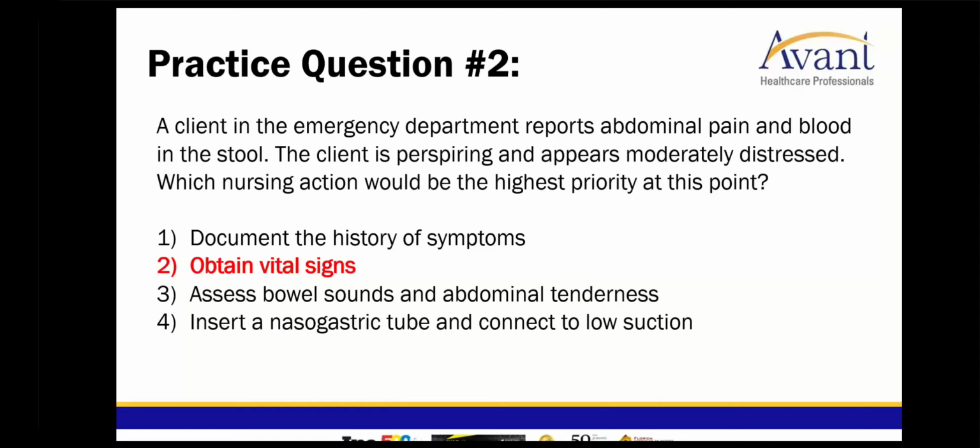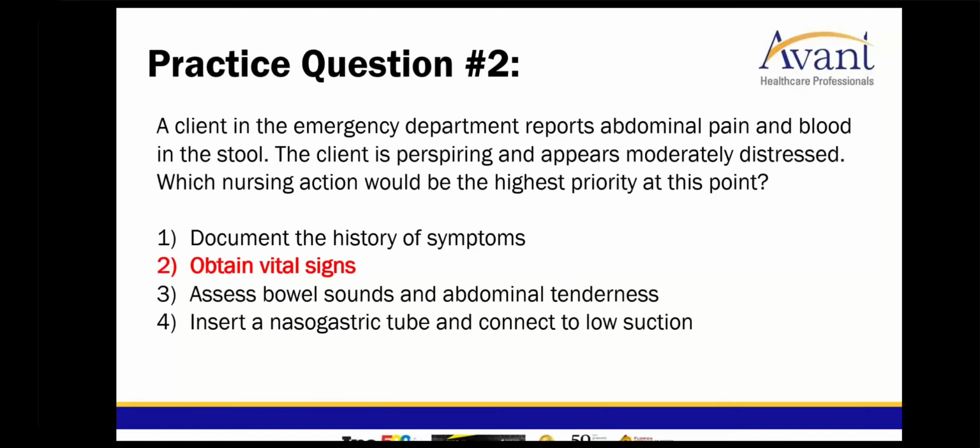Obtain vital signs. Note that the patient reports signs and symptoms, but it does not state that the nurse has completed an assessment. So the nurse must complete an assessment before taking action. Assessing the vital signs is part of a focus assessment, and we need to do a general admission assessment first.